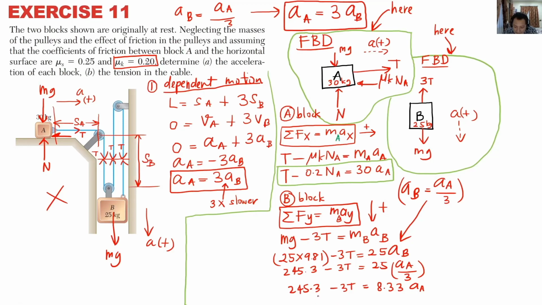So this equation, if I were to rearrange to make it better, you're gonna see, make it a positive lah 3T ni. 3T bring there, so plus 3T plus 8.33 AA equals 245.3. Yeah. This is good. This equation is a proper one.